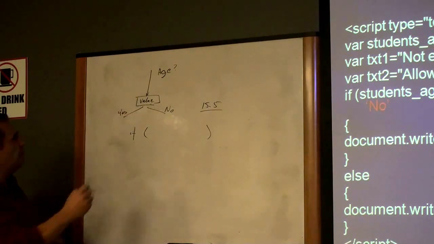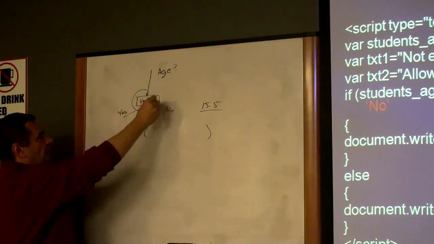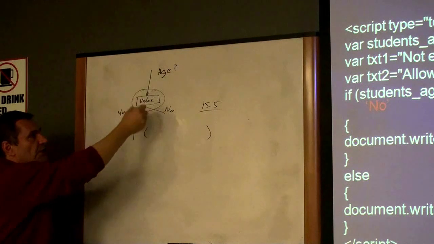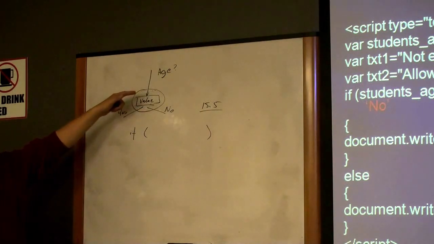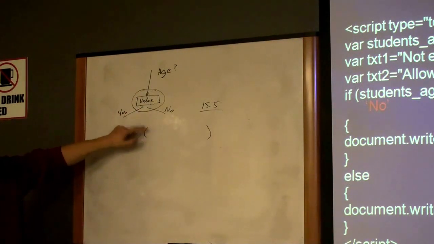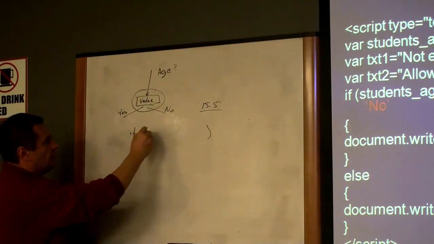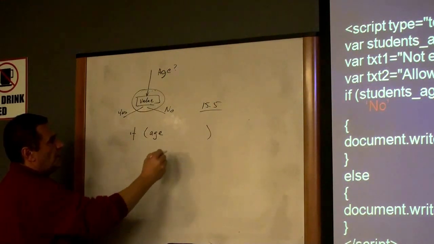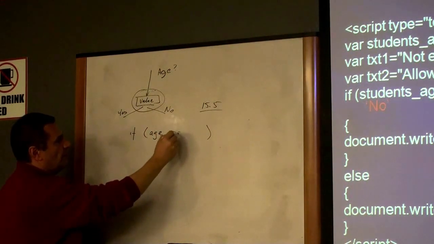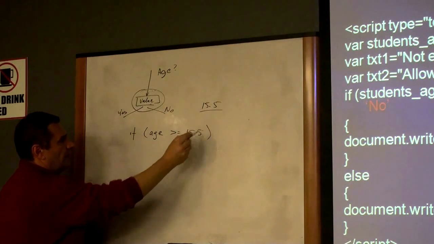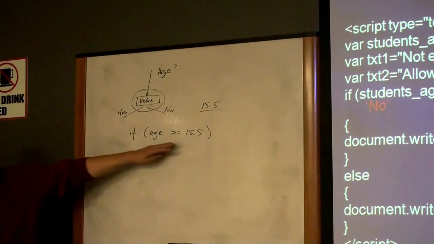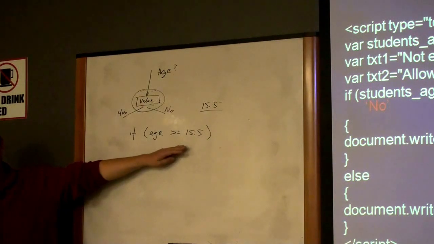Before going to the yes or no, I have to make a comparison here. I have to code this, whatever stands in the circle. I'm saying if this value, whatever age, is greater or equal to 15.5. This is my logical condition here. I actually coded the DMV requirement.